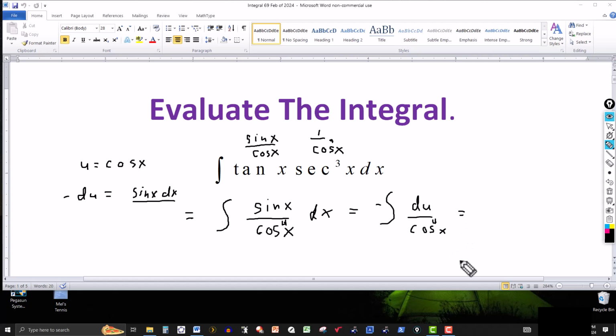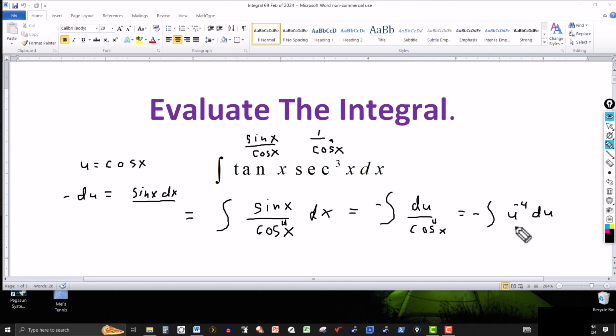The cosine of x is u, so this cosine to the fourth gets replaced by u to the fourth. I'm going to bring it to the numerator and replace the cosine by u. So this becomes u to the negative 4 du.